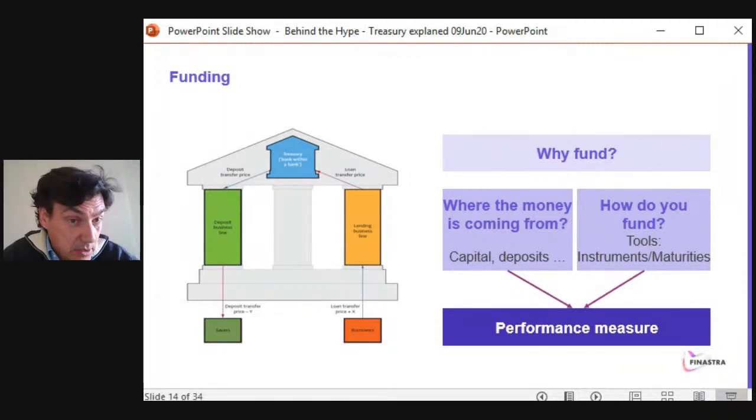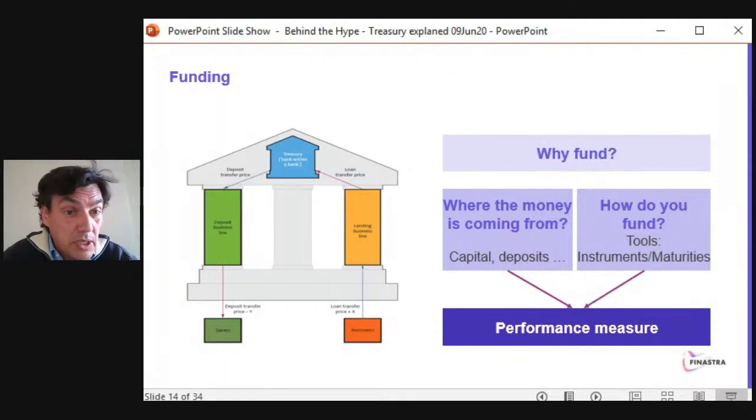Maybe as a banker, as a treasurer, at some point in the past, I had too much money and I bought some government bonds. So those government bonds, I can lend them to somebody else, and I can get some cash instead. So that's a repo refinancing. That's using securities.